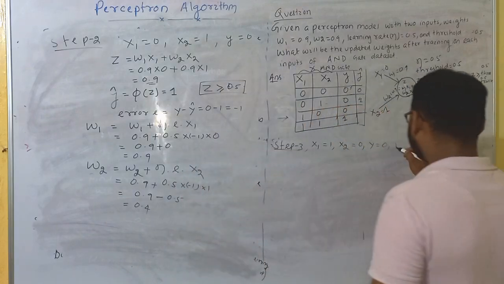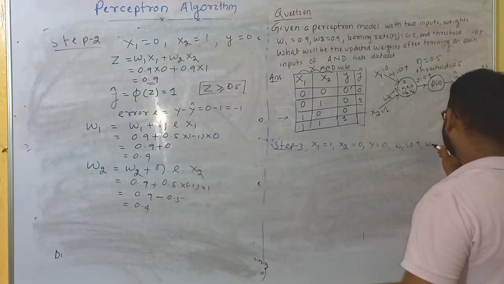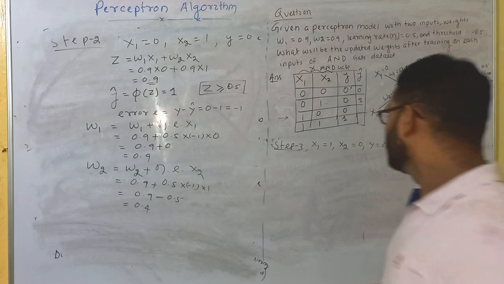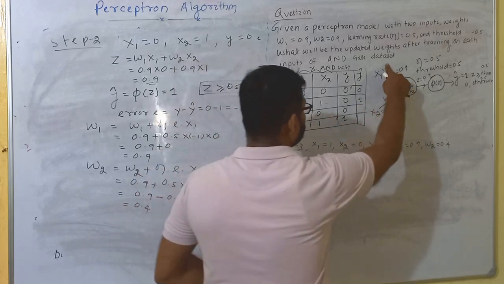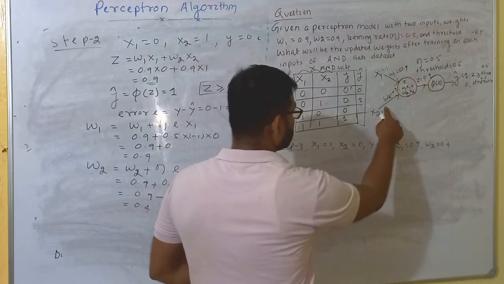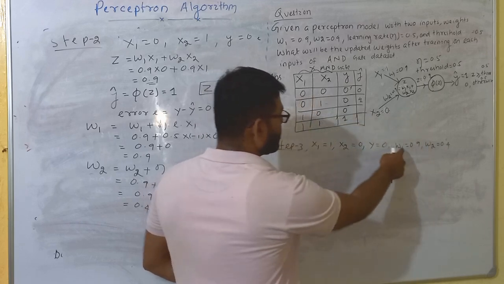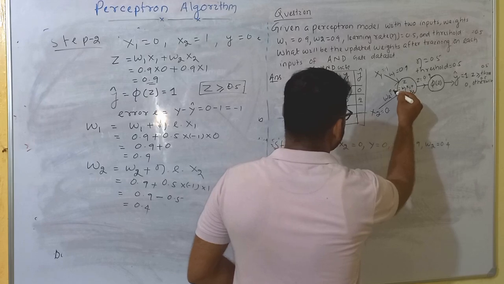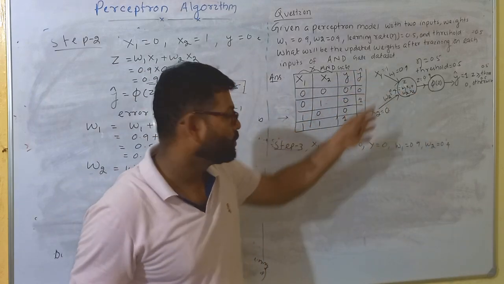Before we proceed, we updated the weights. So what is my weight now? W1 equals 0.9 from the previous step, and W2 is updated to 0.4. We are going to use this. Now x1 is 1 and x2 is 0. Now find the weighted sum.